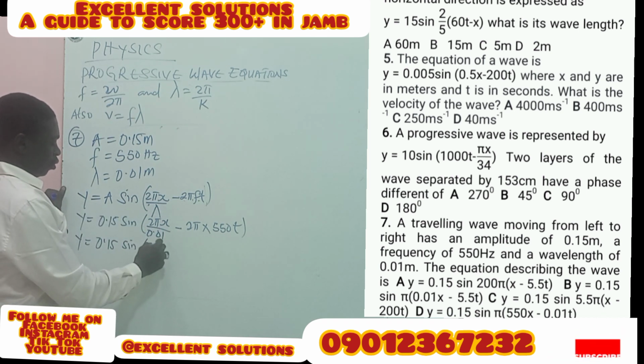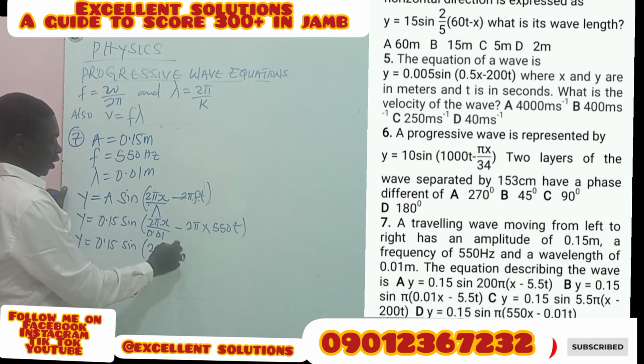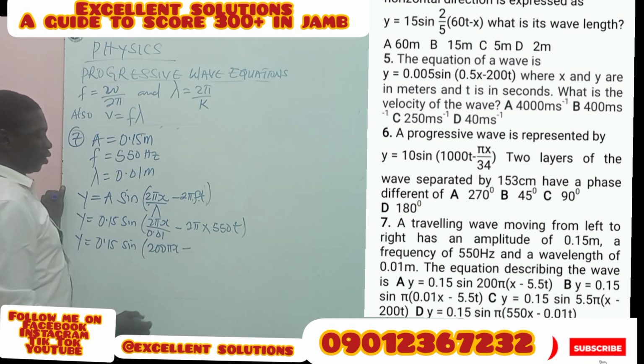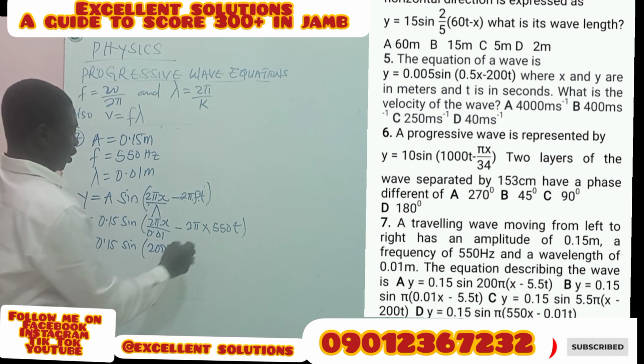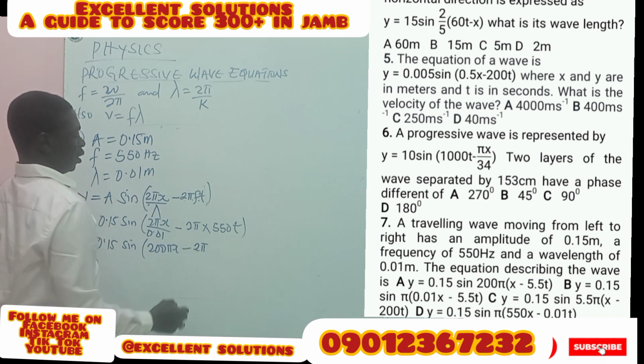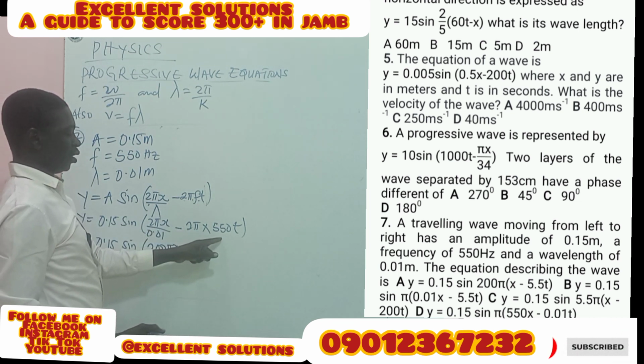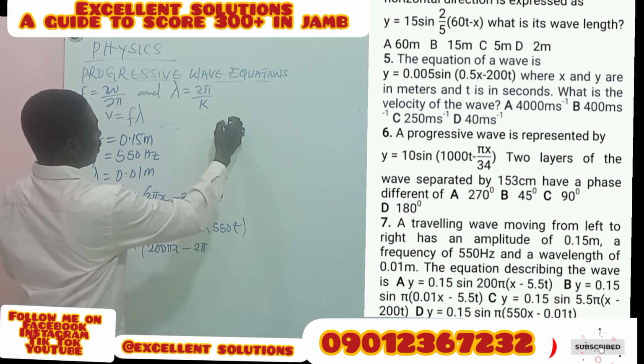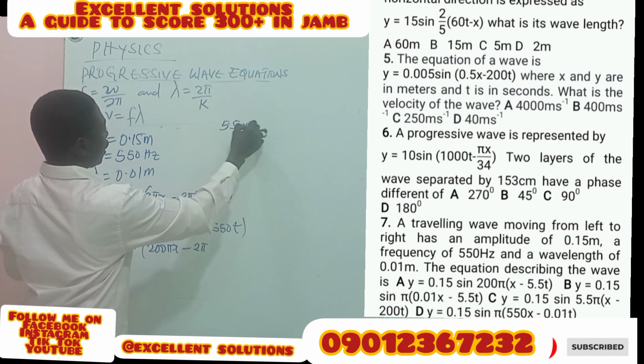So we now have 200 pi x, then minus 2 pi times 550. We can make 550 as 5.5 times 100.